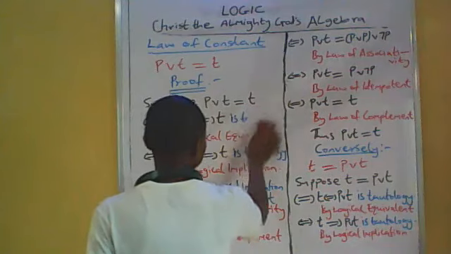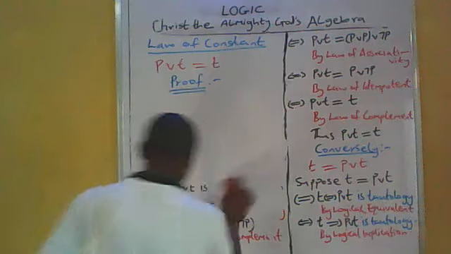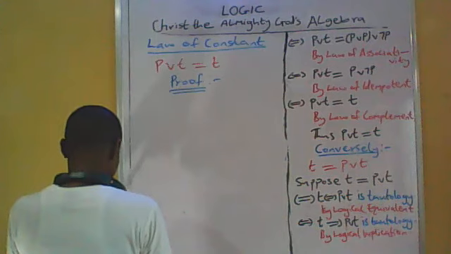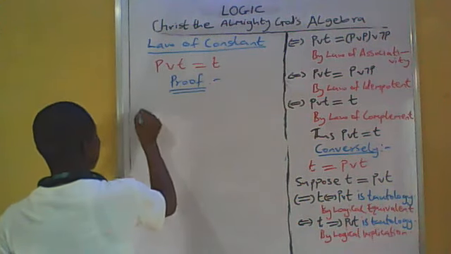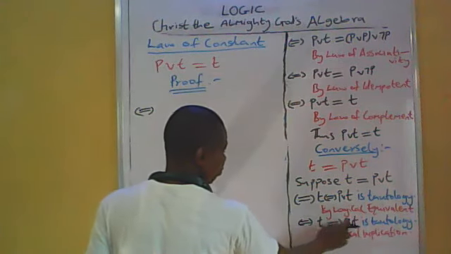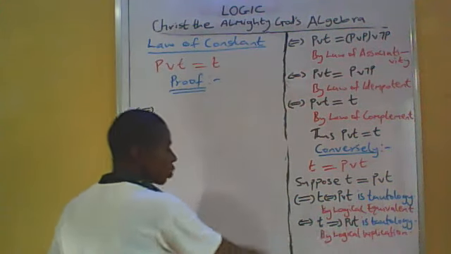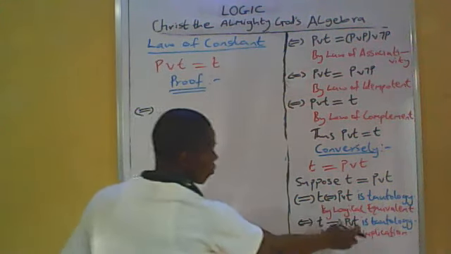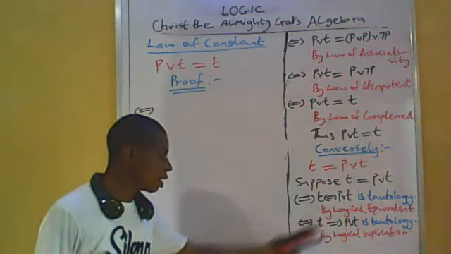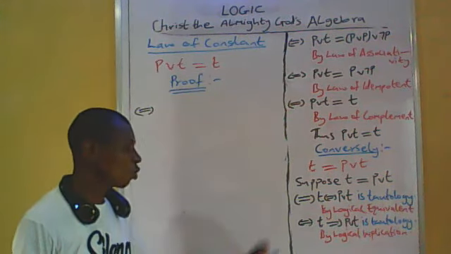We go to this side. Say, if and only if, since this statement T implies P or T is a tautology, we then deduce that T exists because T is a proper implication of P or T. And if T exists, we then say that T is a logical implication of P or T.